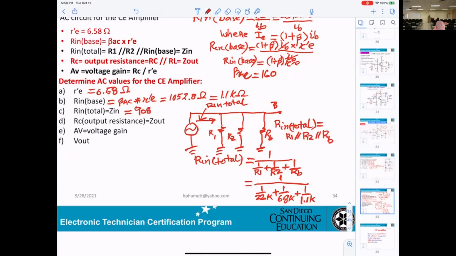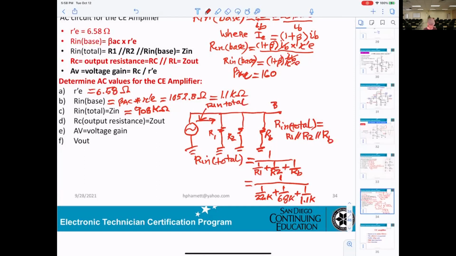That's okay, it's just 908. You never have to do that type of calculation, but I would like you guys to know so you really understand the AC module.